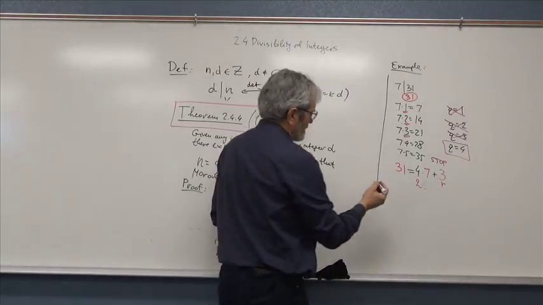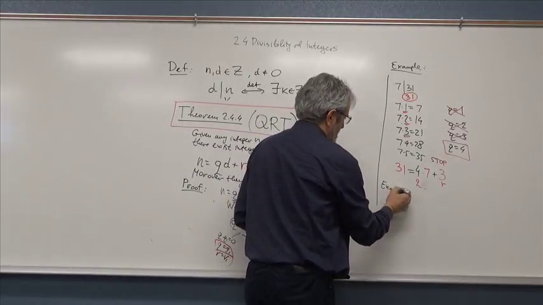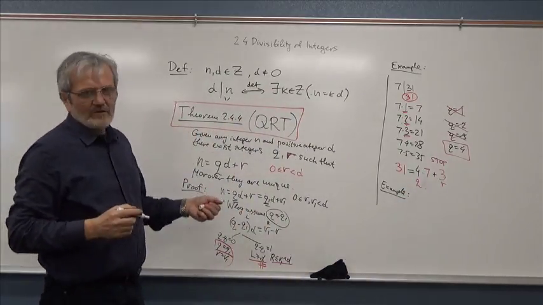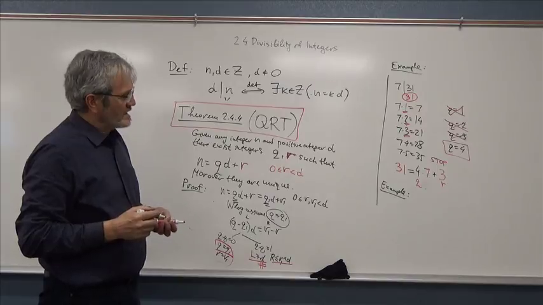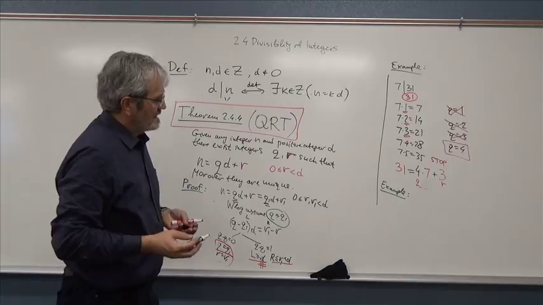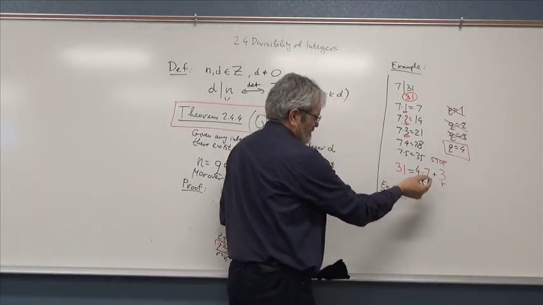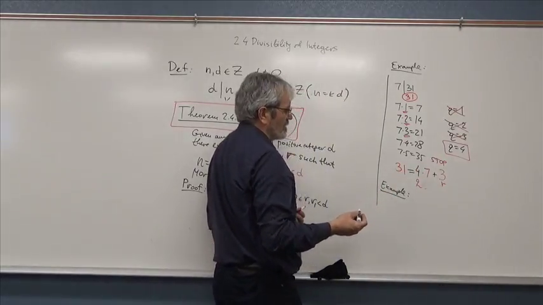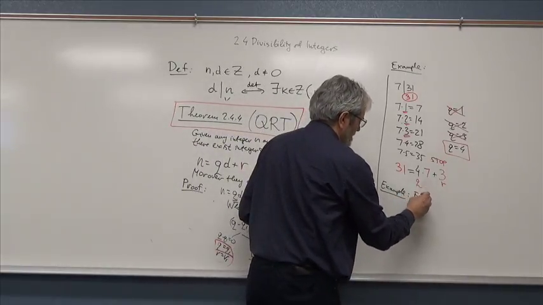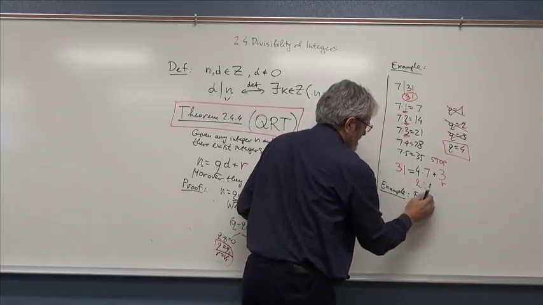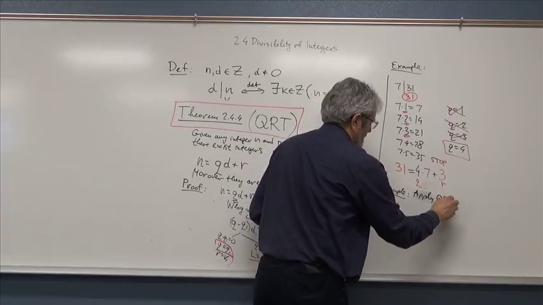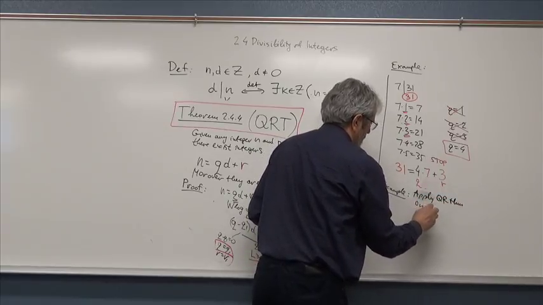Let me do one more example, for negatives. While writing the proof, I already mentioned that negatives work a little differently. So let me apply the quotient remainder theorem on negative 31.